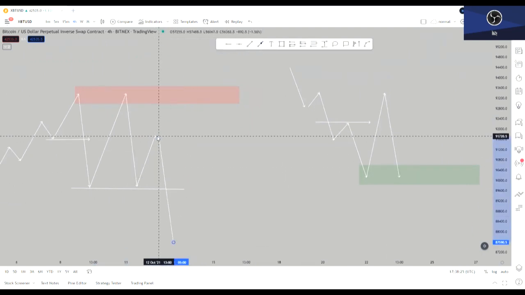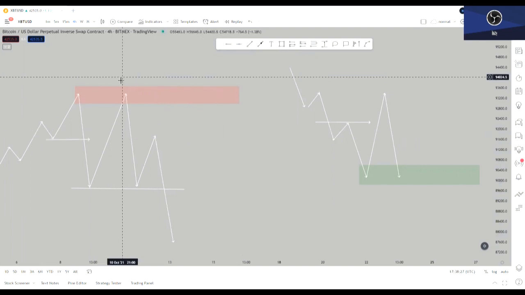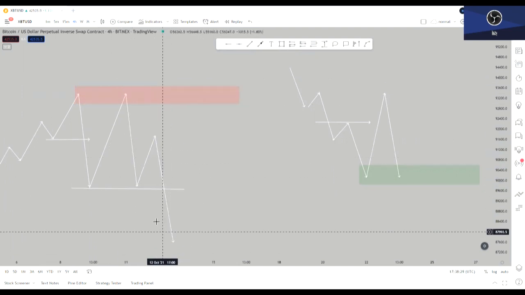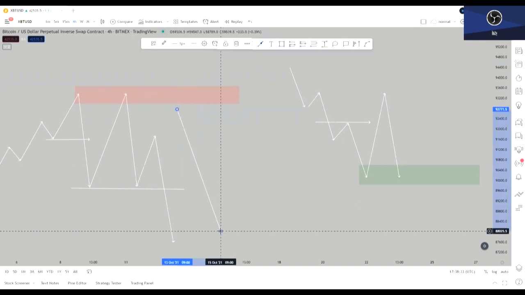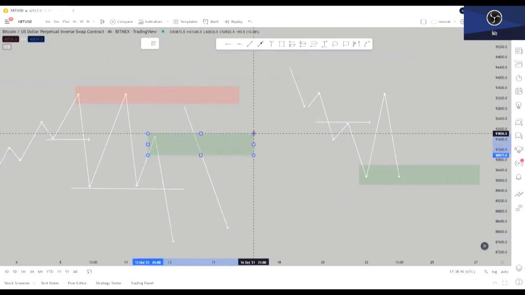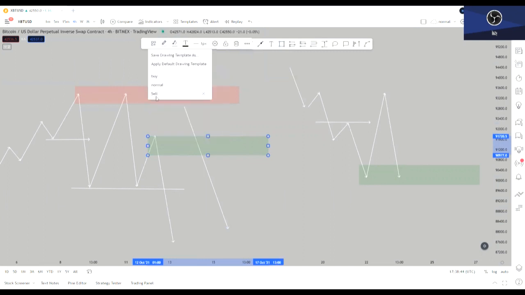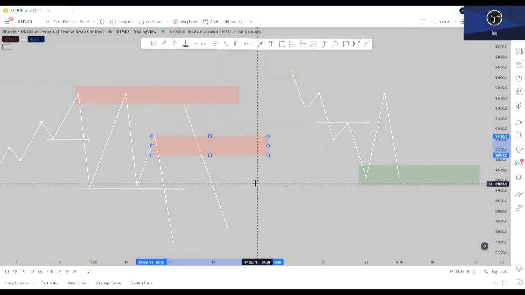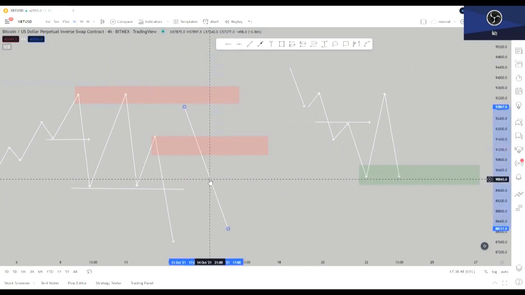If the impulsive move is down and we are looking for a continuation of that impulsive move down, what we can do is validate this level right here. It's still a valid sell level, and we can use it to maybe take some continuation trades.